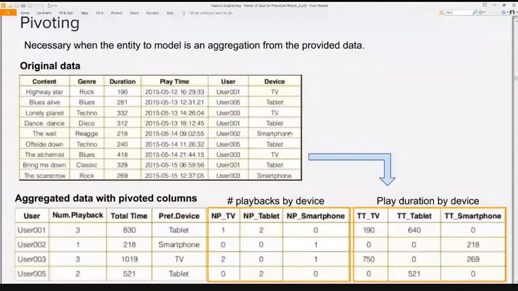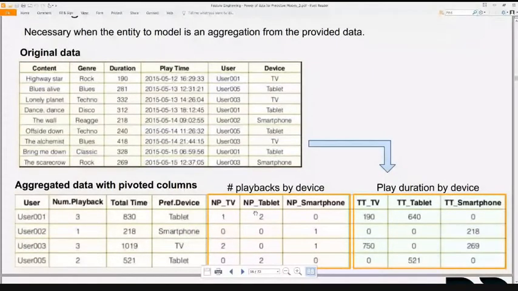For instance, number of times someone played per TV, it's 1. Number of times played per tablet, it's 2. Number of times played per smartphone is 3. Then we can even do it with duration, for the particular song times the duration.